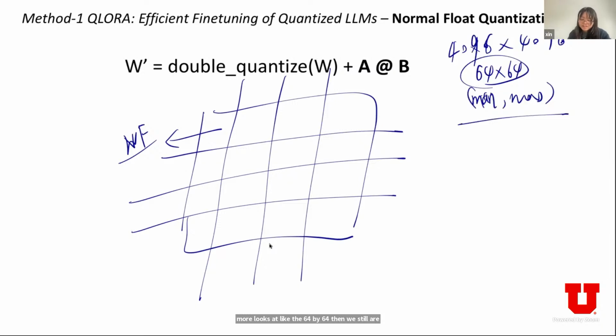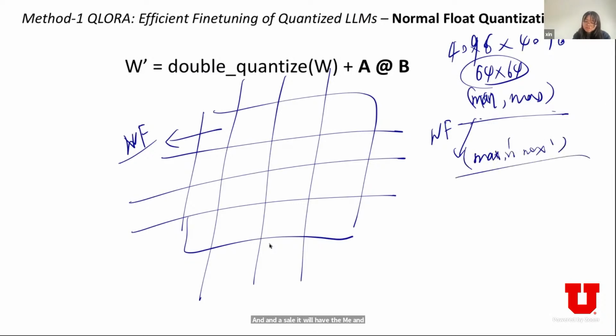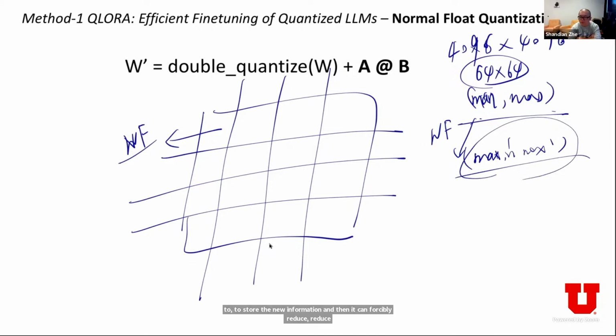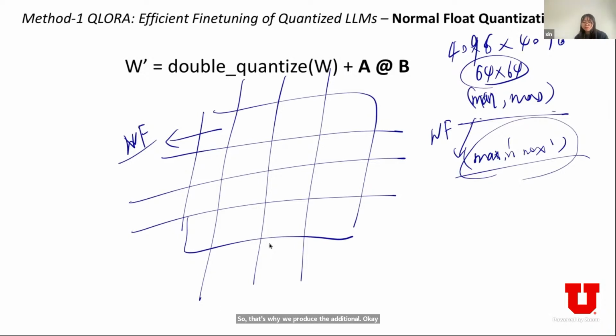What it does is that for the min and max pairs, it will do the quantization again, and so it will have a min and max prime to store the new information, and then it can further reduce the additional space cost to store the min and max.